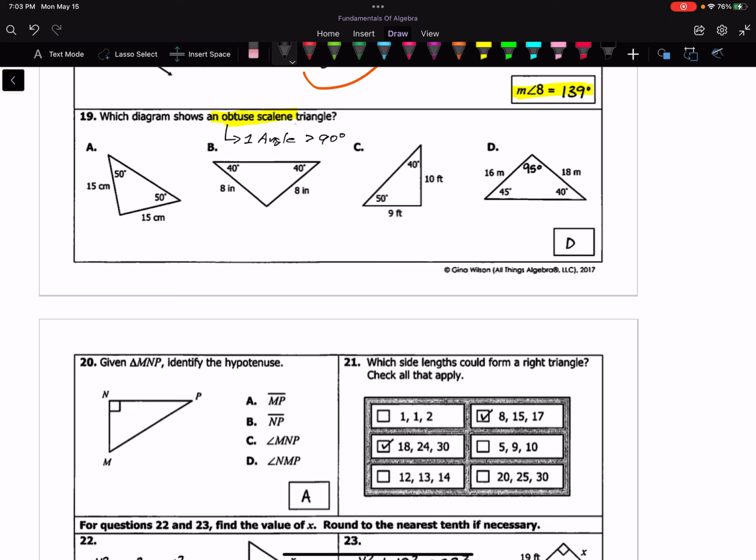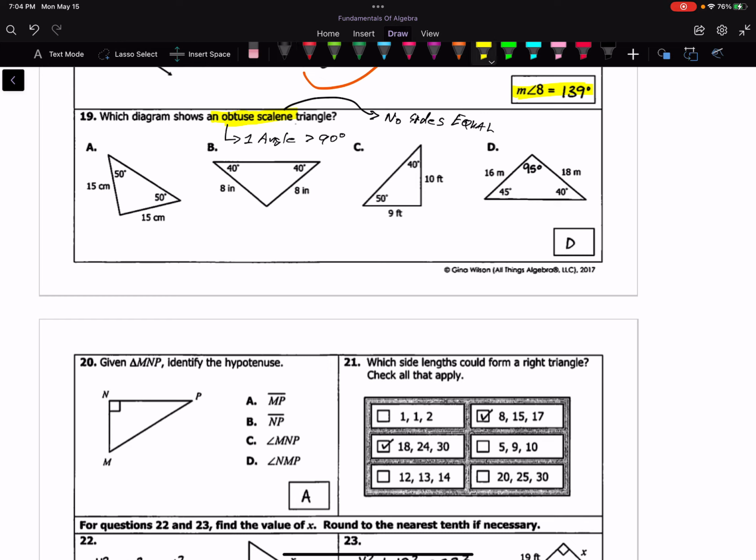And what does scalene mean? Scalene means no sides equal. Okay, so which one of these has an angle greater than 90?